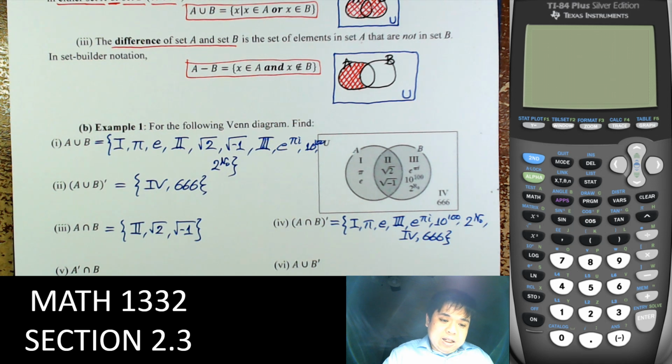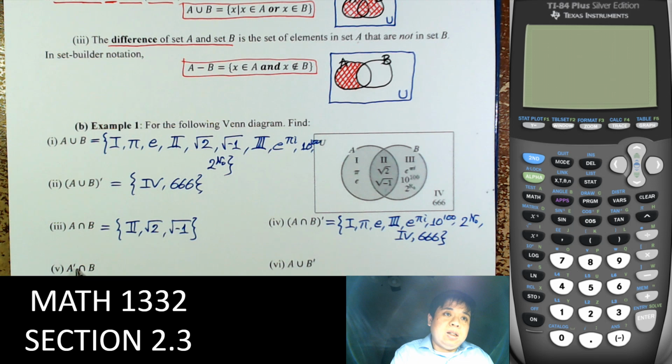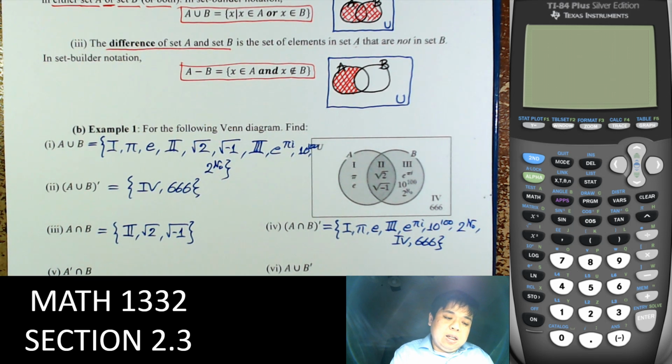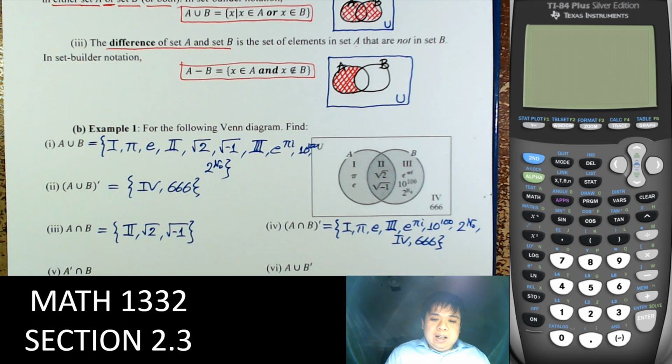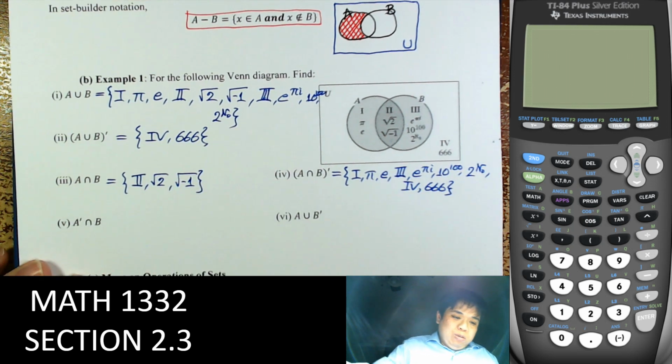Right. Next, A complement intersect with B. Now, it's a little more difficult.